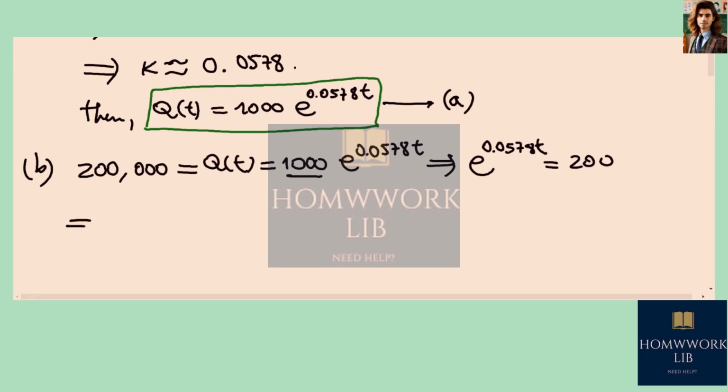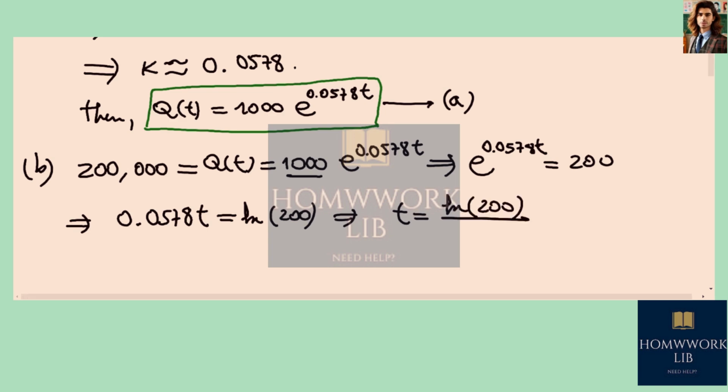And so taking natural logarithm on both sides, we get 0.0578 t is equal to the natural logarithm of 200, and then t is the natural logarithm of 200 over 0.0578.